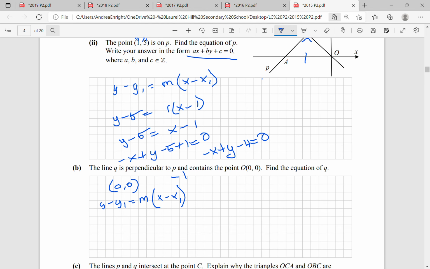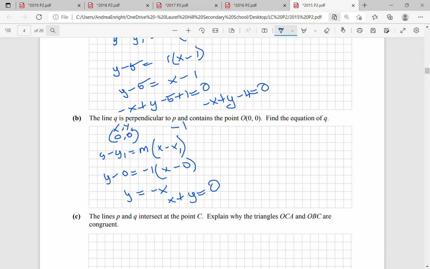So there's your new point, x1, y1. Y minus 0 equals -1 into x minus 0, multiply out, that's just y equals minus x, so that's x plus y equals 0.